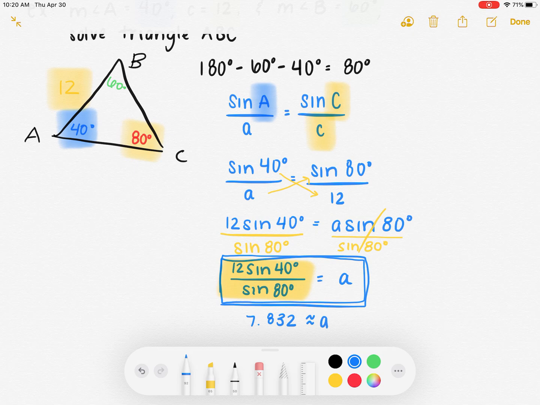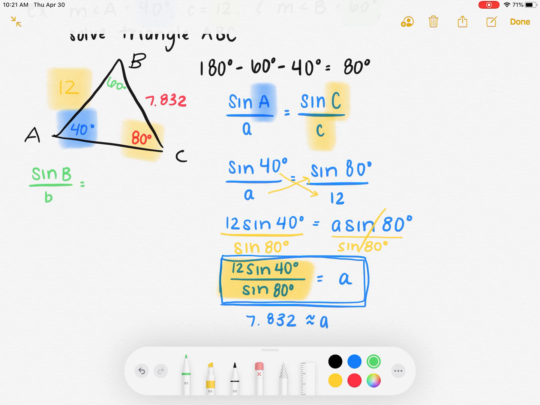Now that I know A, I got A to be 7.832. The last thing I need to do is find B. In order to find B, I am going to use sine of B over B equals.